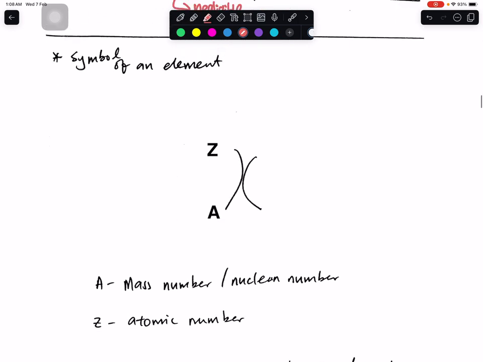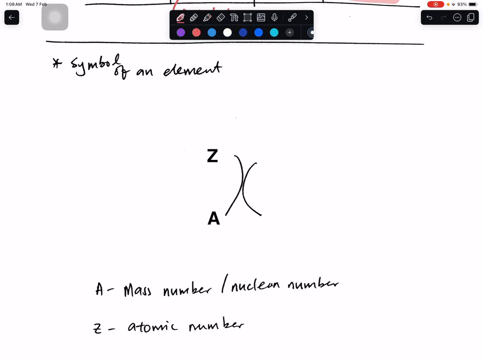Next, you look at the symbol of an element. This is an example of how elements are sometimes displayed. If you pay attention to the periodic table, I like to focus on my favorite element, sodium. You'll see two numbers: 23 and 11. Different versions of the periodic table may display the information a little differently, but the numbers don't really change.